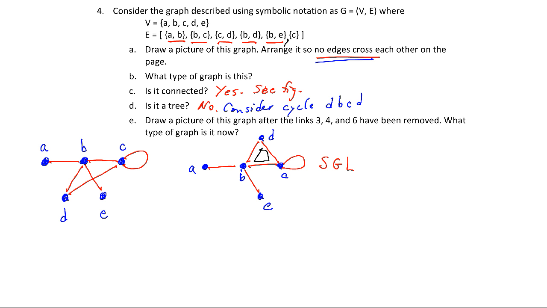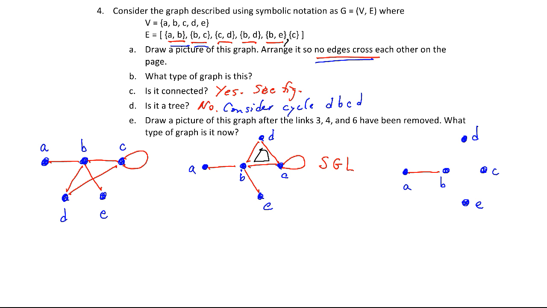Let's just redraw the thing over here. A, B, C, D, E. And we're going to keep links 1 and 2 from A to B. Let's do them in red.